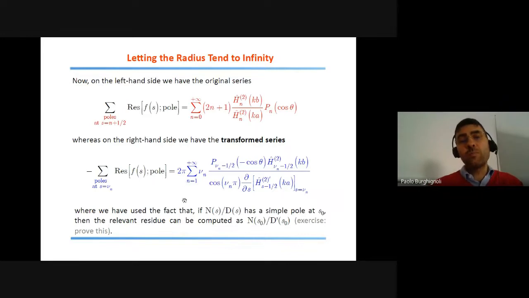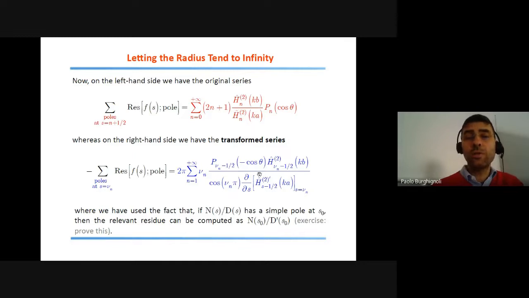Those residues can be found easily because whenever you have a function that is the ratio of a numerator and a denominator that vanishes at a point, say s0, then you will have a simple pole of the rational function at the same location, and the residue at the simple pole can be computed easily as the ratio between the numerator evaluated at the pole location and the first derivative of the denominator at the same pole location. You can show this as an exercise.